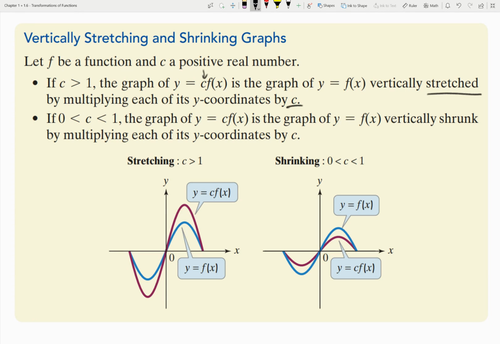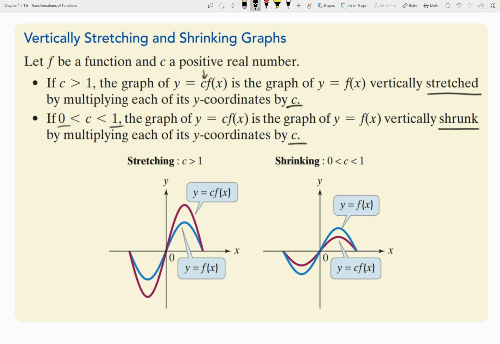If the number is in between 0 and 1, you're going to shrink the function by a factor of c. And we are shrinking it vertically. Now, we say between 0 and 1, not equal to 1, because 1 wouldn't do anything. And we don't include negative numbers because negative numbers are going to be reflections. It's going to be something different.